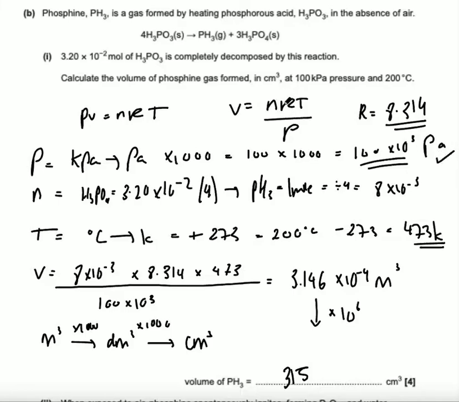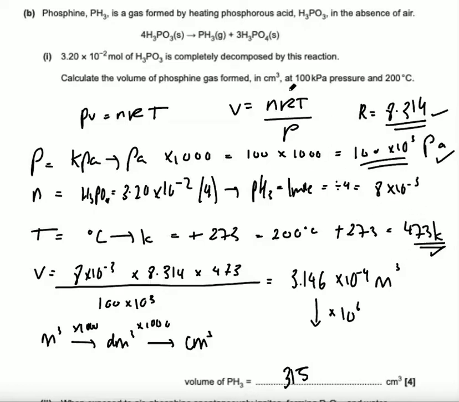Next is R, and R is a constant, so it's always the same with every single PV equals nRT question. It's 8.314, so we have that. If we go to temperature, we have 200 degrees Celsius, and temperature needs to be in kelvins. To convert from degrees Celsius to kelvins, we add 273. So 200 plus 273 gives us 473, and that's our temperature sorted.